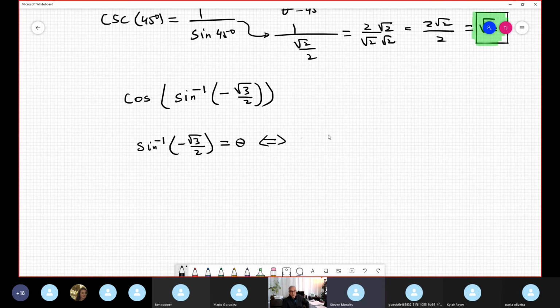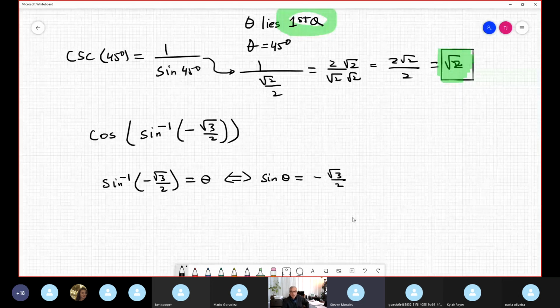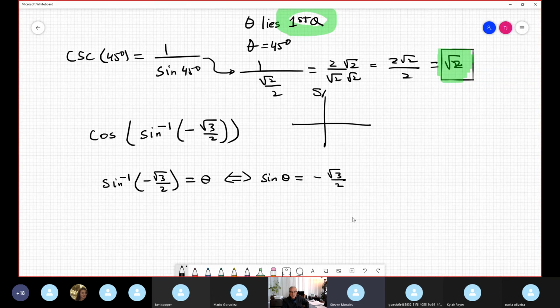If you want to understand it better, you transform it to the direct trigonometric function. Now I immediately recall the restrictions of the sine inverse function: if the value is positive, it's in the first quadrant, but if it's negative, it's in the fourth quadrant. So theta lies in the fourth quadrant.